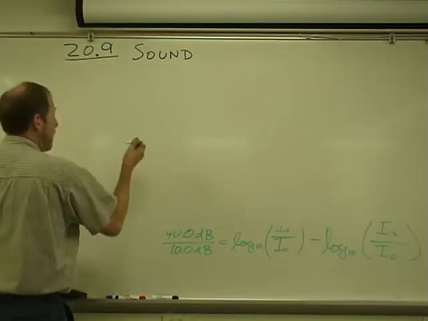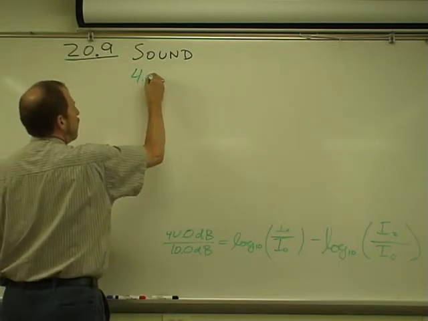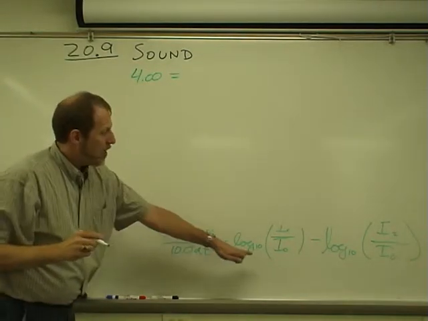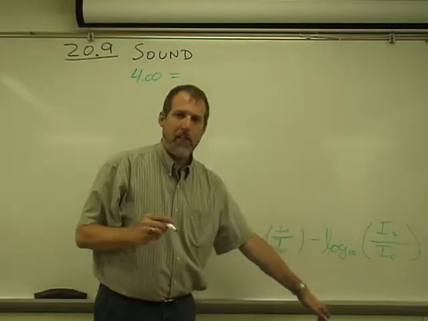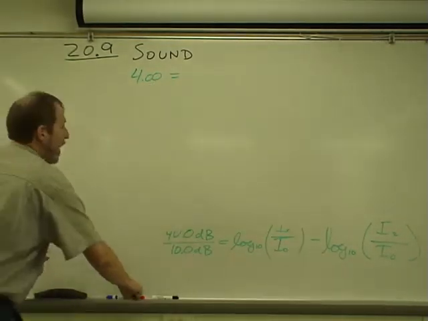I've got 4 is equal to, now if I've got log of thing 1 minus log of thing 2, there's a special rule for that.